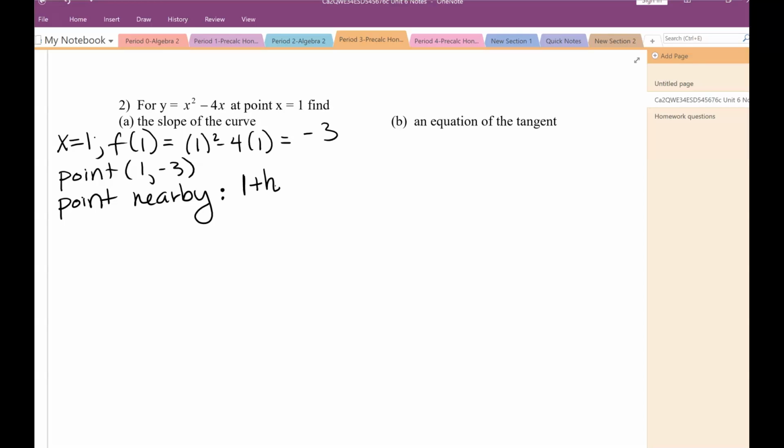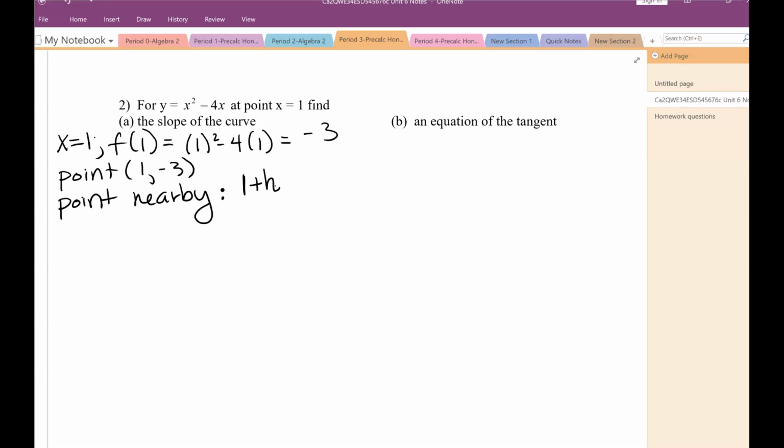It doesn't really matter. h right now is, we don't know. We want to be super close to 1 though, so that means this h value should be getting closer and closer to what? 0. I want my gap, this h, to be very, very small. So the smaller it gets, the closer I will be to x equals 1. Okay, so my nearby point is 1 plus h.